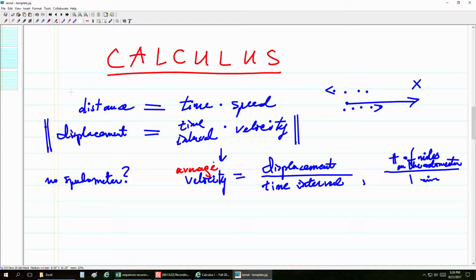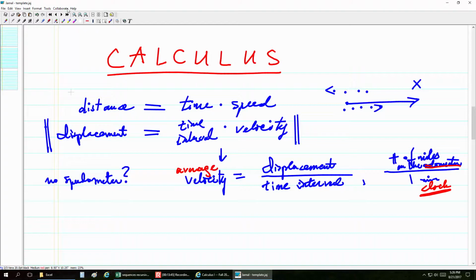It is the velocity averaged over that time interval. So once again, measure displacement, measure time interval. You need the clock and you need the odometer. That gives us the starting point.